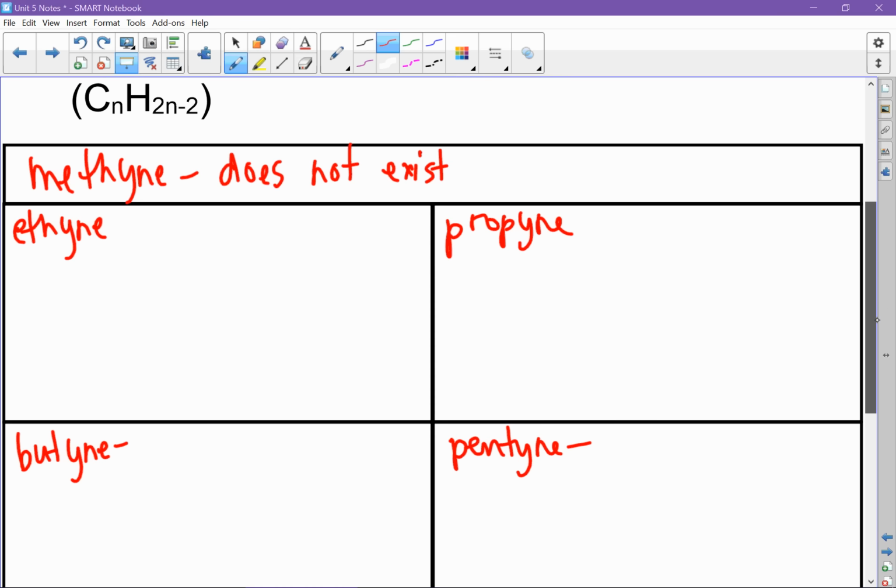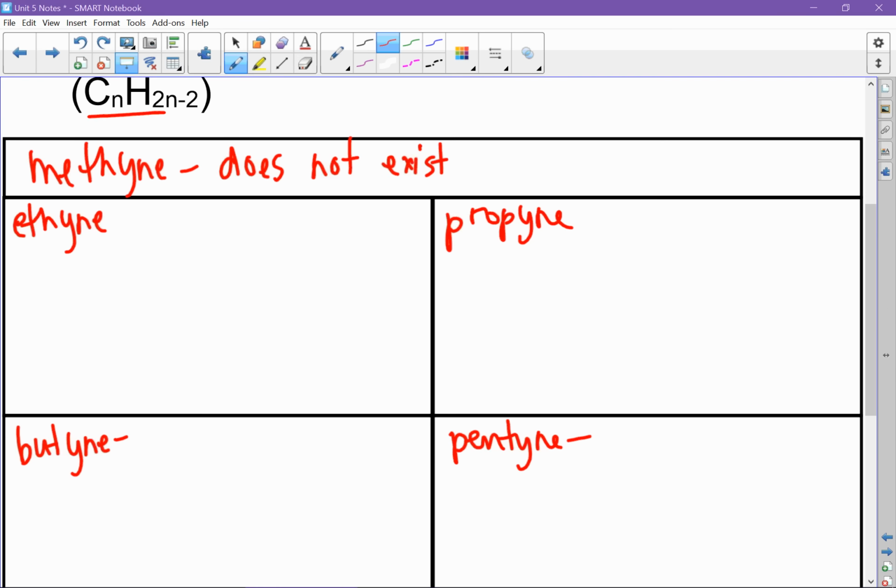Now let's try to use our times 2 minus 2 rule to figure out the formulas. So ethyne is C2. I know it's 2 because of the eth. Then if I want to do times 2 minus 2 for my hydrogens, it's just going to become C2H2. Propyne is C3. The 3 comes from the prop.